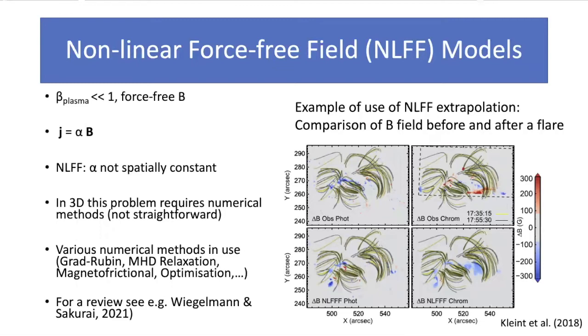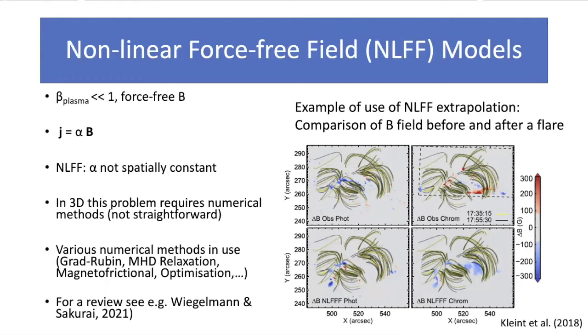Okay, and another example that I wanted to show for nonlinear force-free extrapolations and what we can do with them. So here on the right-hand side, I show an example again of a work that I wasn't involved in by Klein et al. 2018.